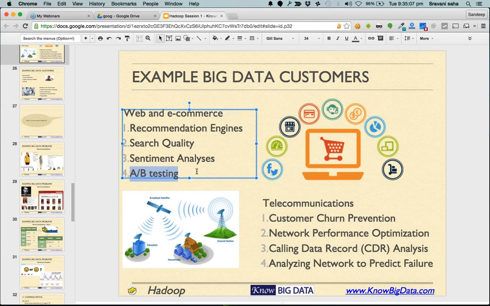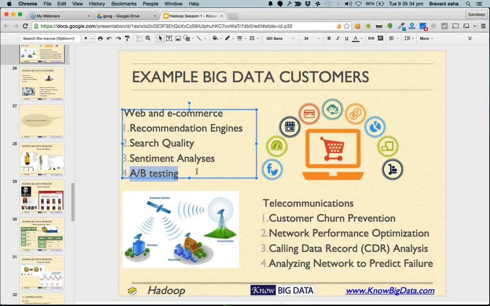All right. Now, next is telecommunications. In telecommunications, if you think about it, there are billions of users concurrently using the service. Not billions, at least millions of users concurrently using the service. Obviously, the data at the telecommunication companies is big data.